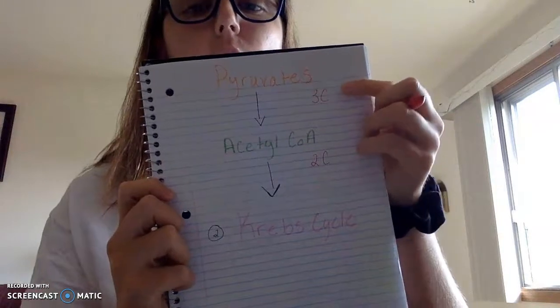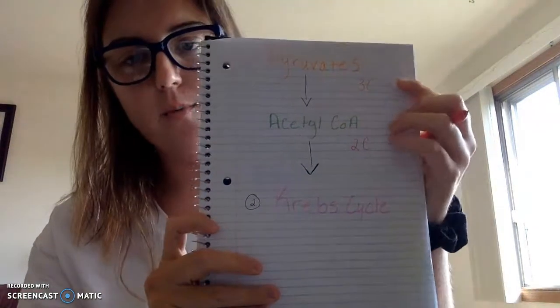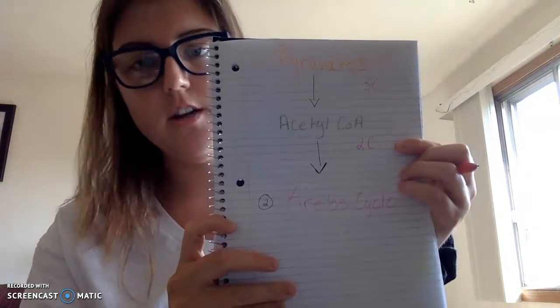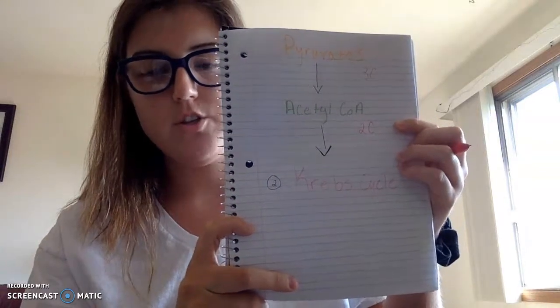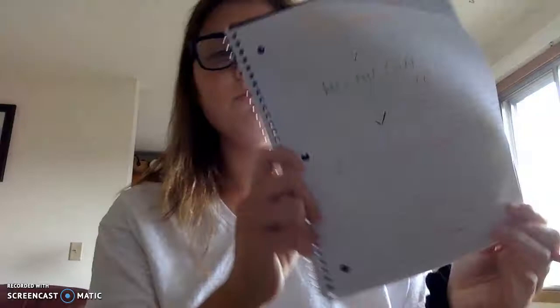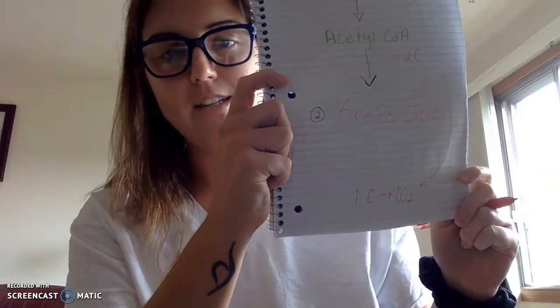So we had 3 carbons with the pyruvates, and now we have 2 carbons with the acetyl-CoA. So what does that mean? That means we released 1 carbon. And that gets released in the form of CO2, which will then be exhaled.